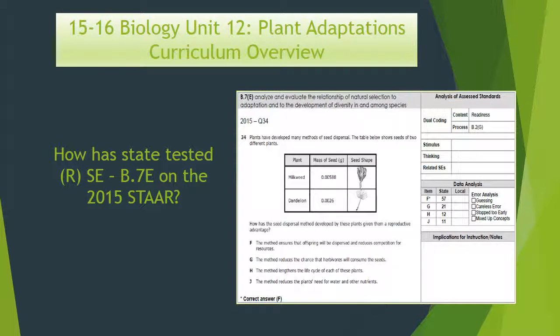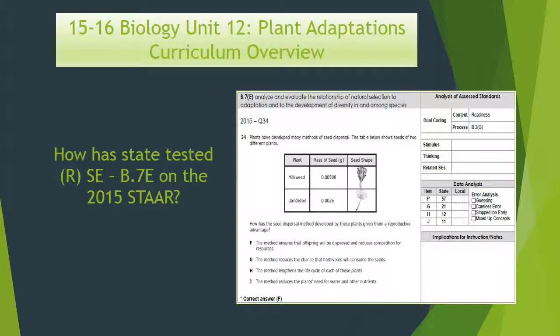Okay, as we look at some state questions from the released STAAR, B7E is one of our readiness standards, and I'm not going to go through each one of these questions in depth. I just want to give you an overview of looking at the SE and understand how it's been assessed. And so this SE is discussing analyzing and evaluating relationships of natural selection to adaptation and to the development of diversity in and among species. As you read through the question, it's talking about seed dispersal and how this gives a reproductive advantage.